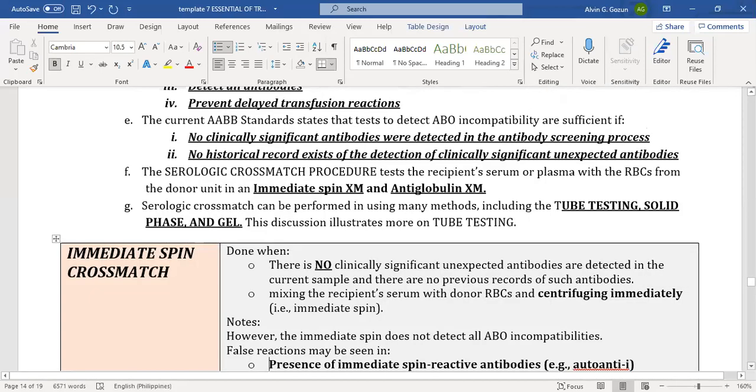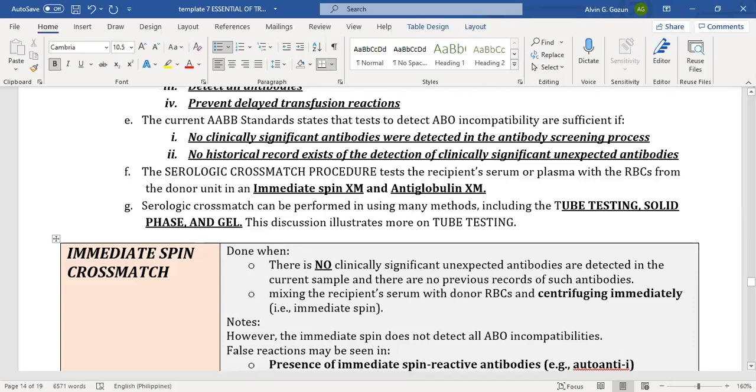The current AABB standard states that tests to detect ABO incompatibility are sufficient if there are no clinically significant antibodies detected in antibody screening and no historical record exists of the detection of clinically significant unexpected antibodies.